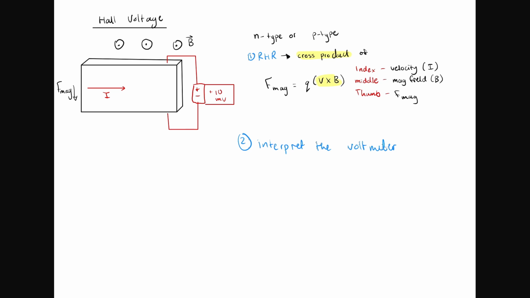So the next step is we need to interpret the voltmeter. As we know, if there's a positive reading, then everything is in the correct conventional way. So this side here will be positives, and the bottom will be negatives.